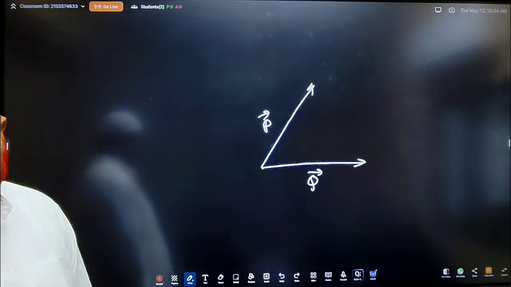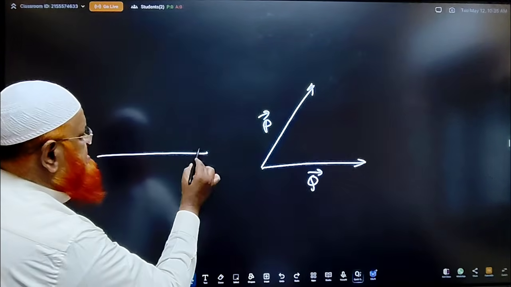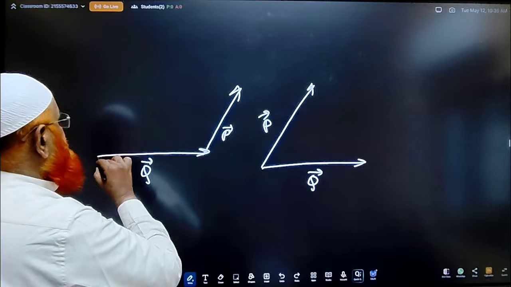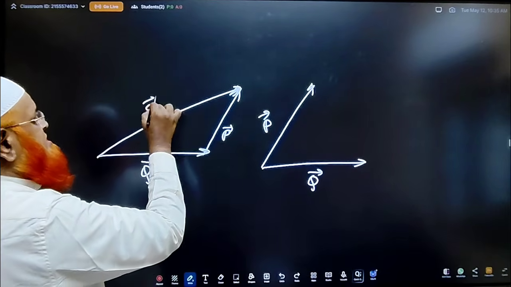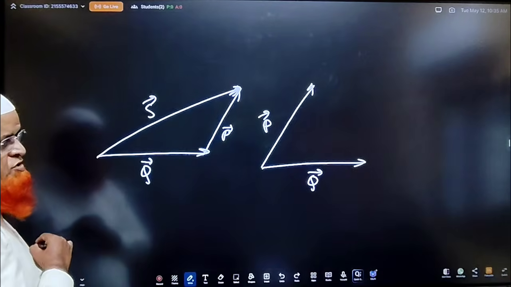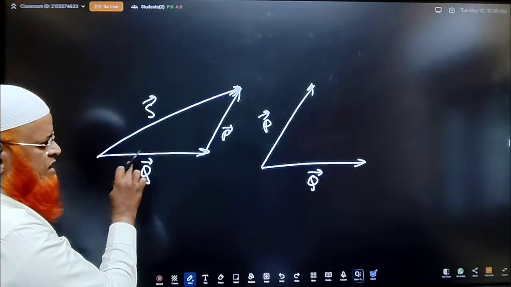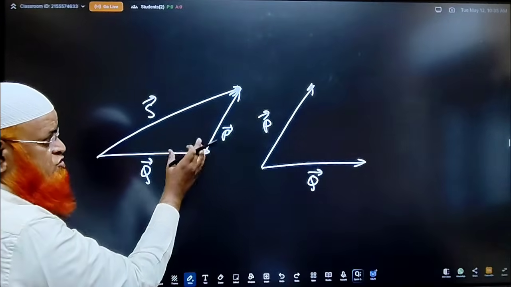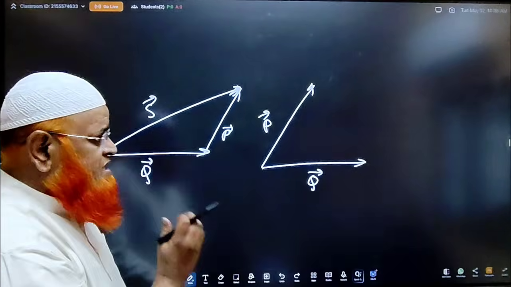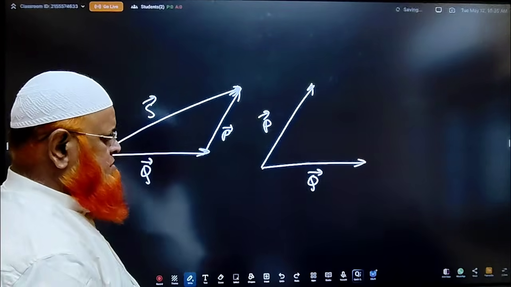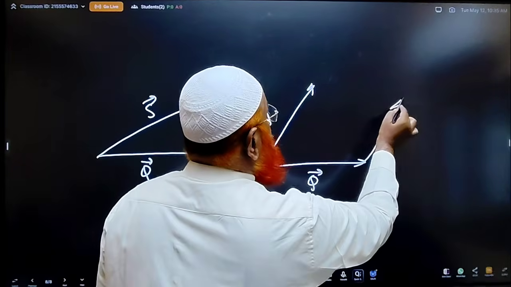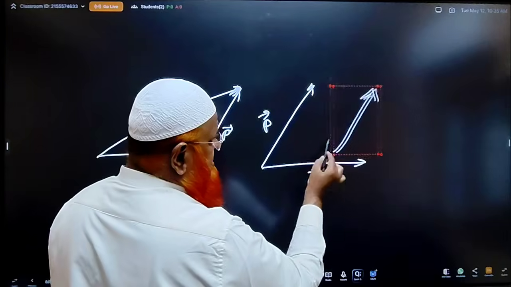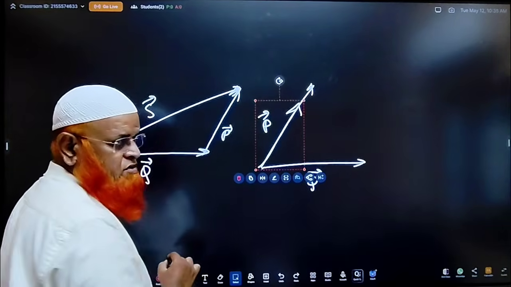What did we do? Actually, triangle law says that this is Q bar, and if it is P bar, then the resultant is going to be some S bar like this, isn't it? So this P bar should actually be here, at the head of Q. But what did I do? Instead of P bar here, I have removed it from here and displaced it here. Understood?